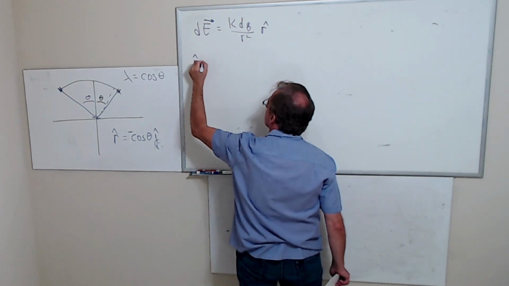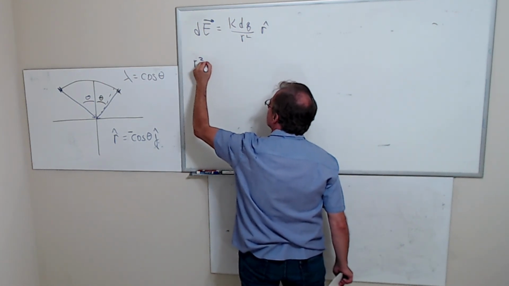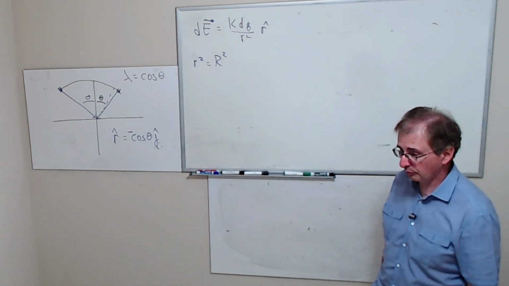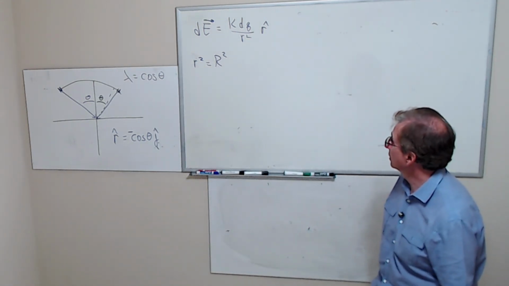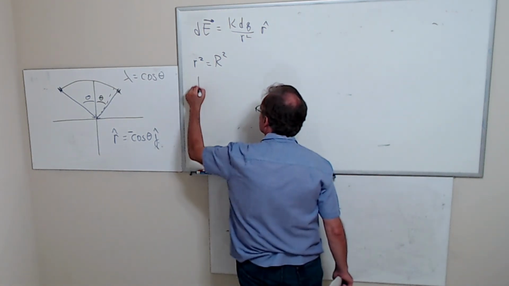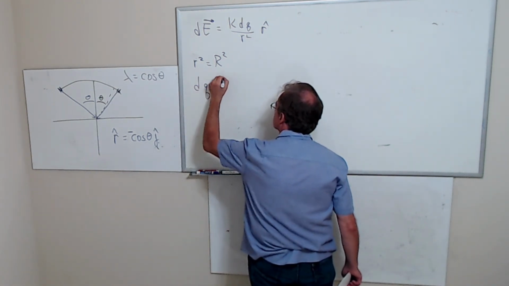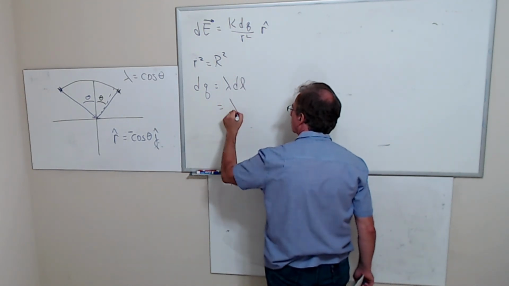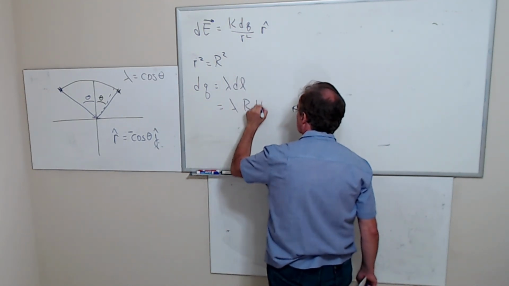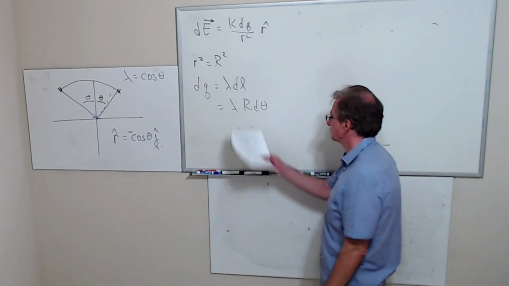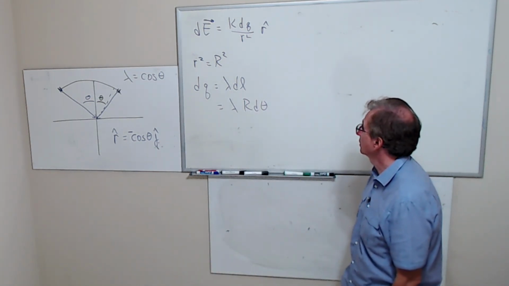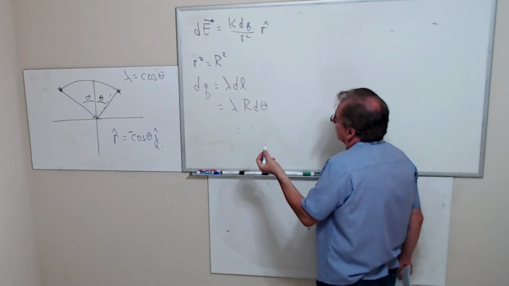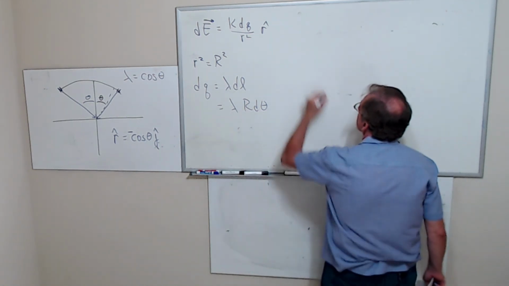R squared, oops, is just the square of the radius of that portion of the ring. dq is lambda dl, but this is an arc length. And lambda is just cosine of theta. So I'm pretty much ready to put this together because I know what r hat is.